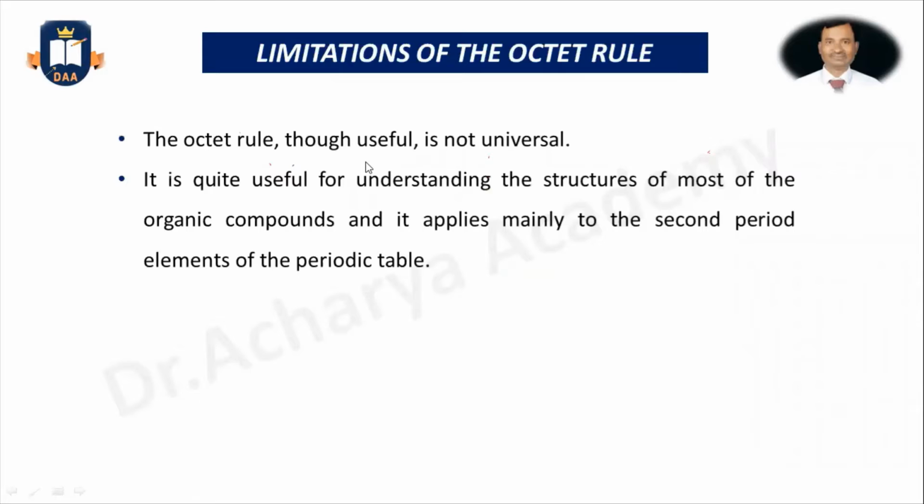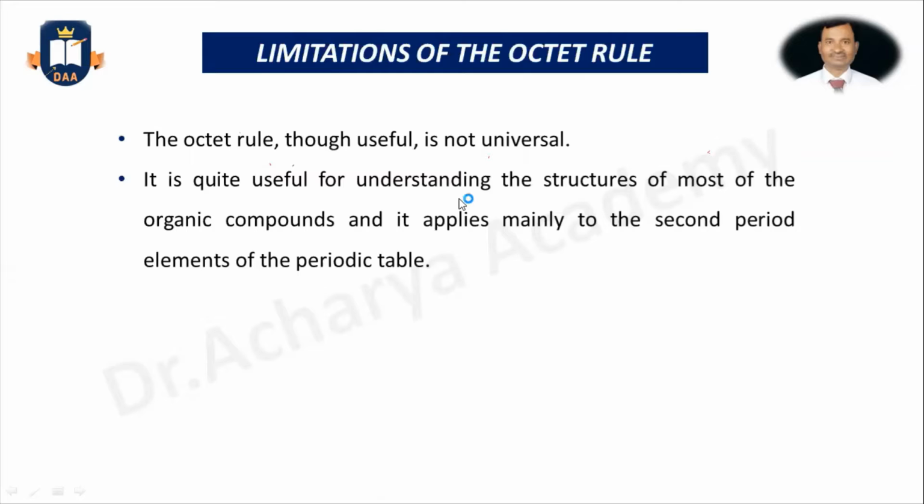The octet rule, though it is very useful, is not universal. It is quite useful for understanding the structures of most of the organic compounds, and it applies mainly to the second period elements of the periodic table.